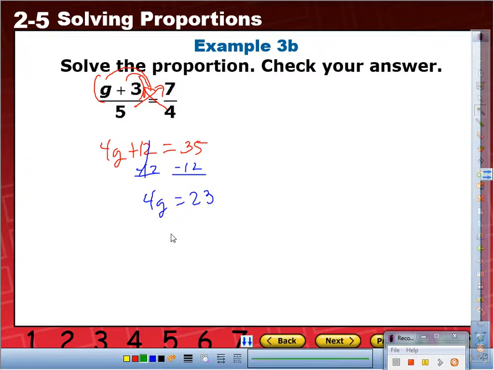From there, we're left with divide by 4, divide by 4. The 4 fits in there 5 times, and we're left with 3/4, or 5.75. Hands if you got that by yourself. Okay, pretty good. All right, so let's move on.